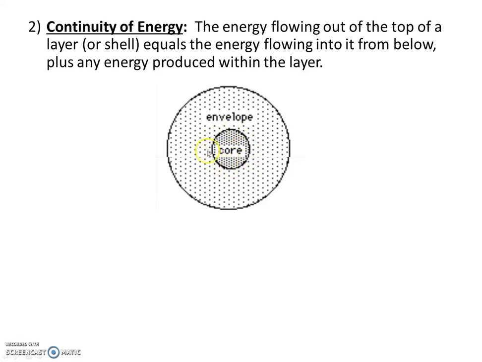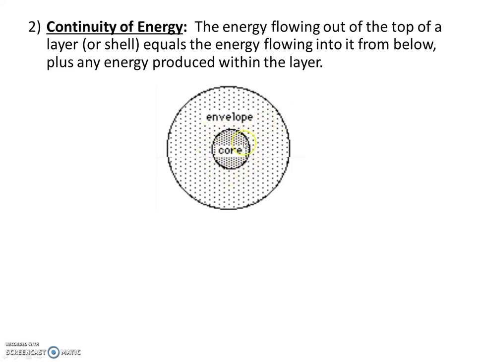All the energy is produced in the core where the nuclear fusion is going on, but when you're modeling the star, you count up the layers, you count up the amount of energy that each layer produces, and you add that to the energy flowing into that layer from the bottom, and once you get to this area right here at the edge of the core, you basically have the entire luminosity, the entire energy output of the star.